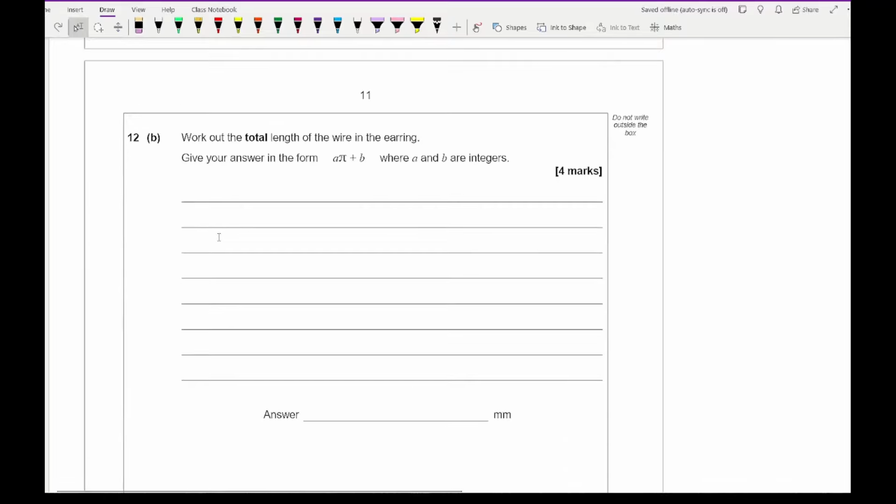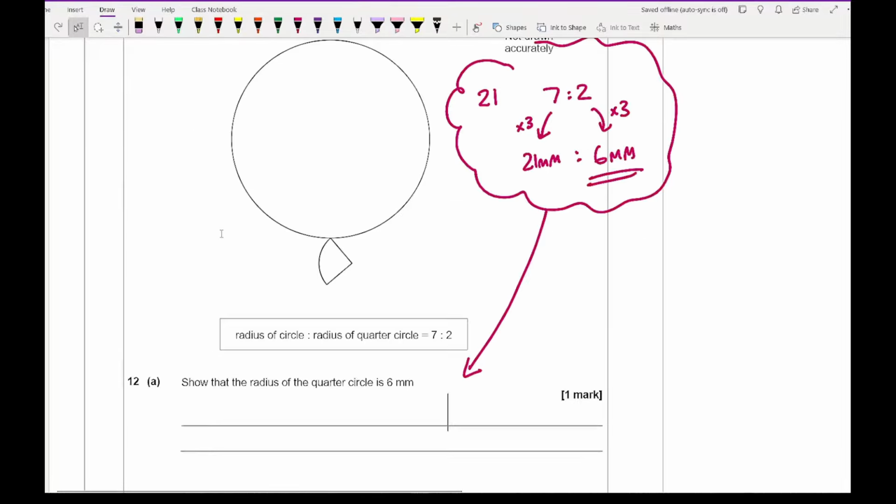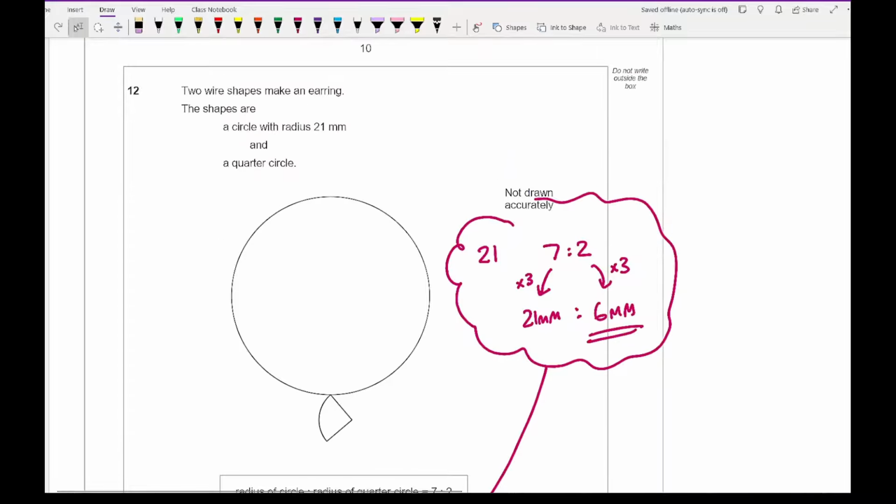Next question then says that the total length of the wire of the earring, work out the length of the wire of the earring. So working this out then, we know that this length here is 21 millimeters, and we know that this length here is 6 millimeters. Now all I'm going to do for B is I'm actually going to do this over here. Let me just divide this up just because you can see in terms of working with the diagram.